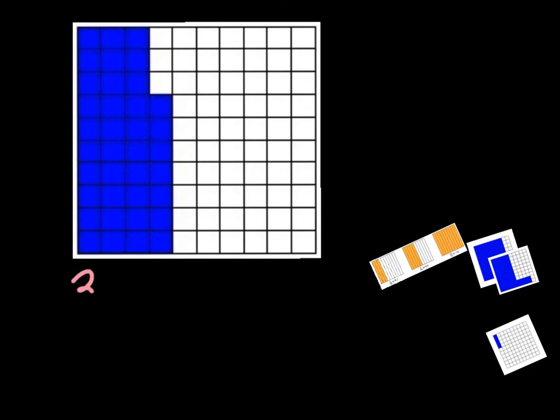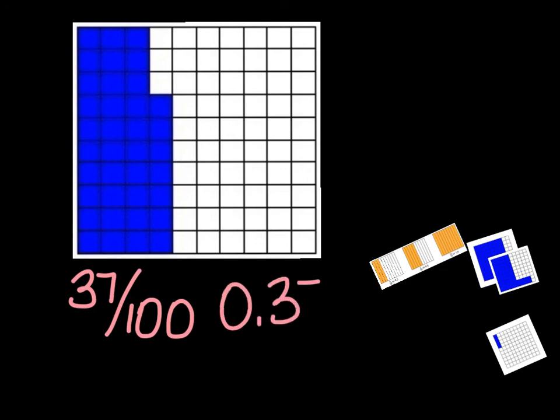So this would be 37 out of 100, or 37 hundredths as a fraction. And as a decimal, it would look like this.